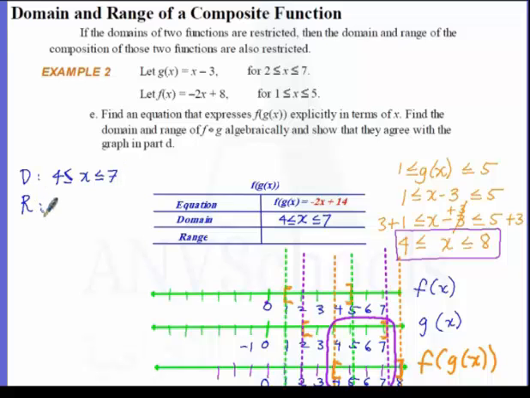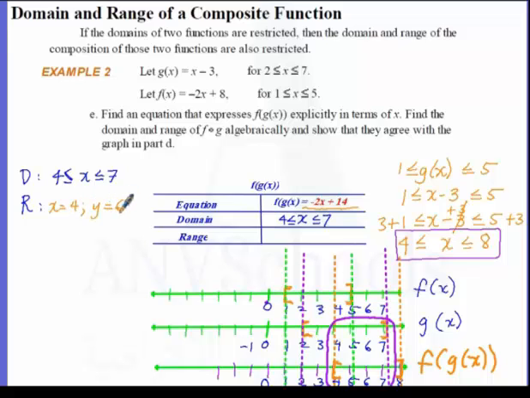if our x is equal to 4, then our f of g of x, which is equal to negative 2x plus 13. So if it's equal to 4, that means that we have negative 2 times 4, that's negative 8, plus 14, that's 6. So if x is equal to 4, y is equal to 6.